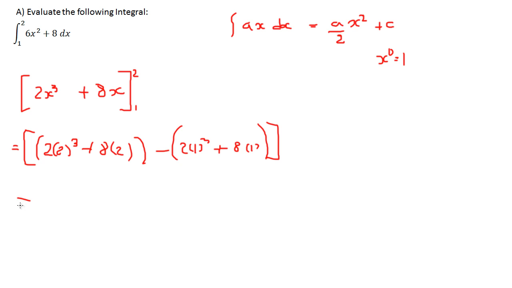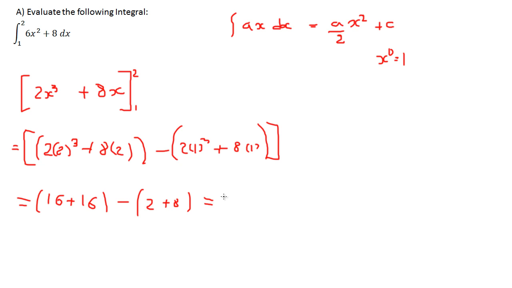Now we gotta simplify this, and it's quite easy. So we get 2 times 2 to the power of 3. 2 to the power of 3 is 8. So we get 2 times 8, so that will be 16 plus 16 minus 2 times 1 to the power of 3. 1 to the power of 3 is 1, so that will be 2 plus 8.